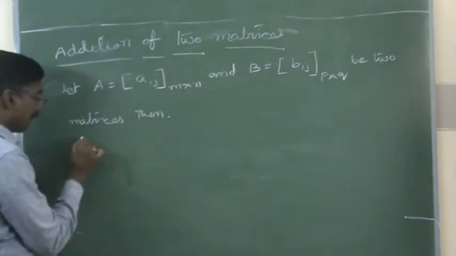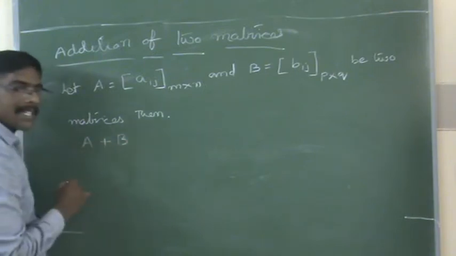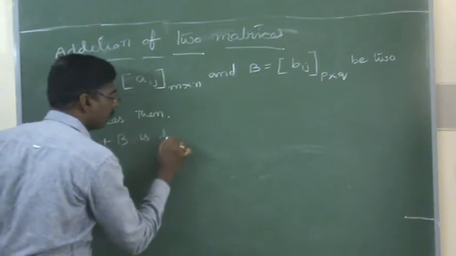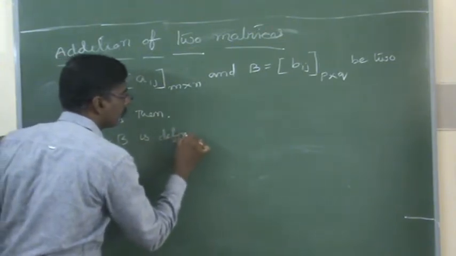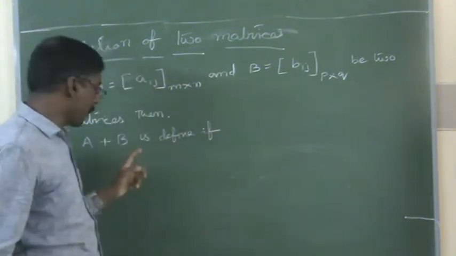Addition of matrix A plus matrix B is defined if, very, very important information, their order is the same.